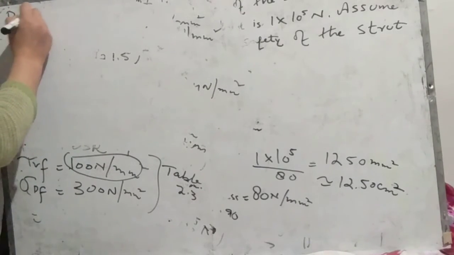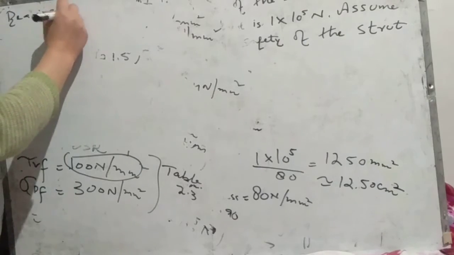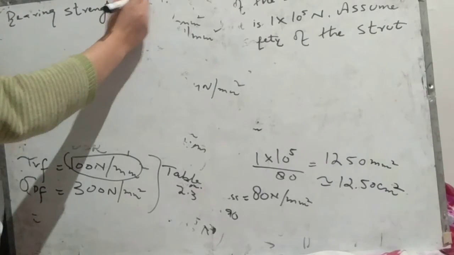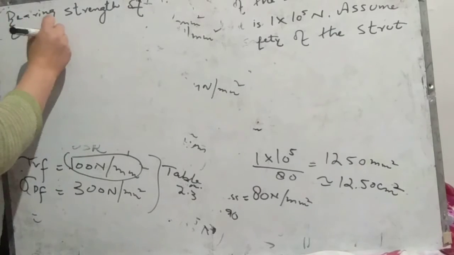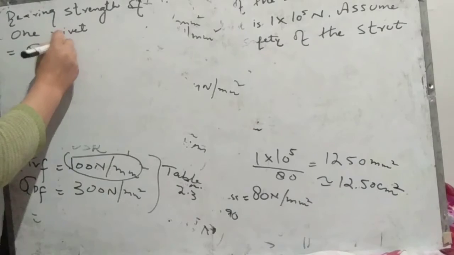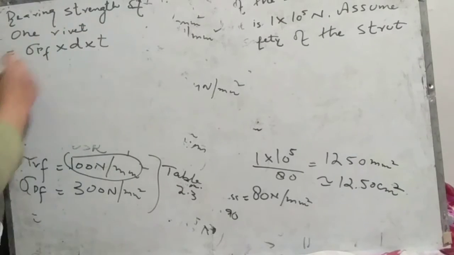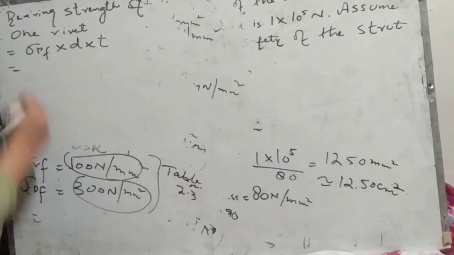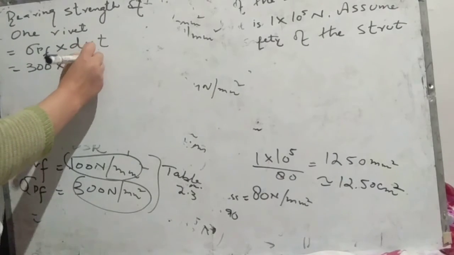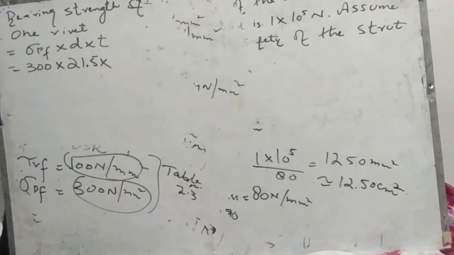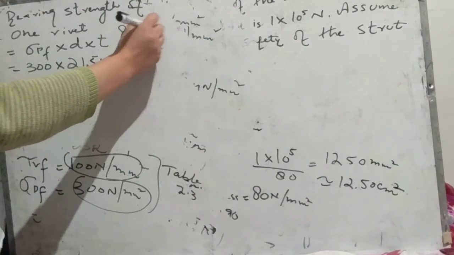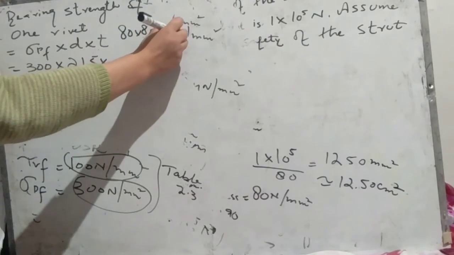Right? Now you have to determine the bearing strength of one rivet. Bearing strength of one rivet is determined by the formula sigma Pf into D into T. Sigma Pf is your 300, D is your gross dia 21.5, and T is the thickness of the angle section. You have angle section as 80 into 80 into 10 mm. These are the dimensions.